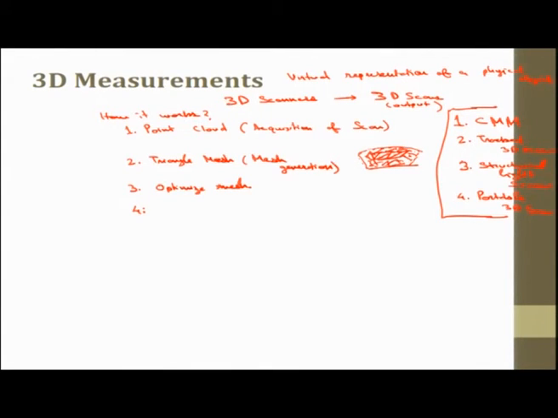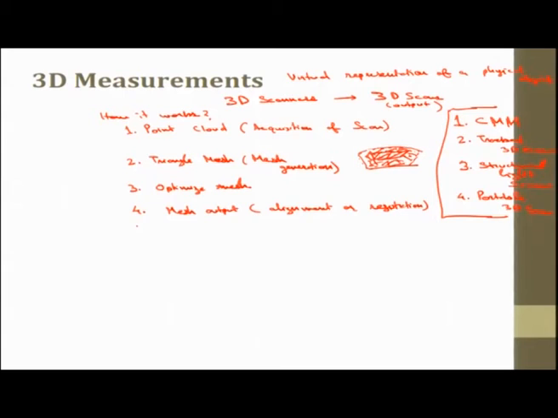This process is called alignment or registration, or we can call it mesh output. We have scanned from different views. When we align those surfaces to get this specific solid shape, this is known as the complete mesh output.